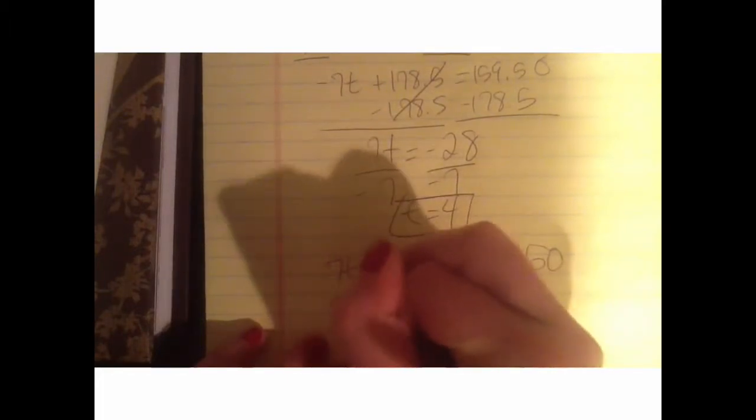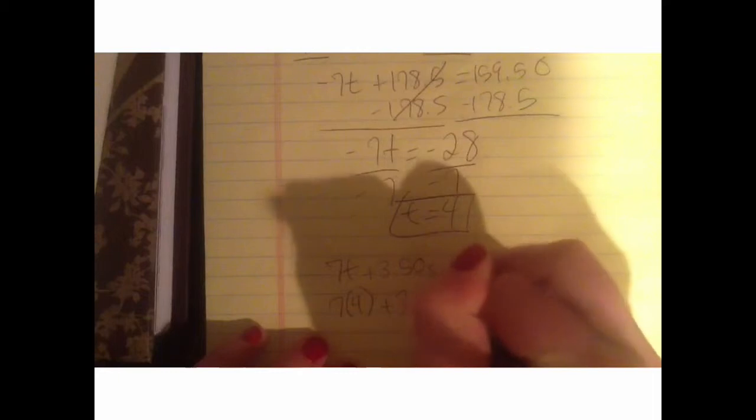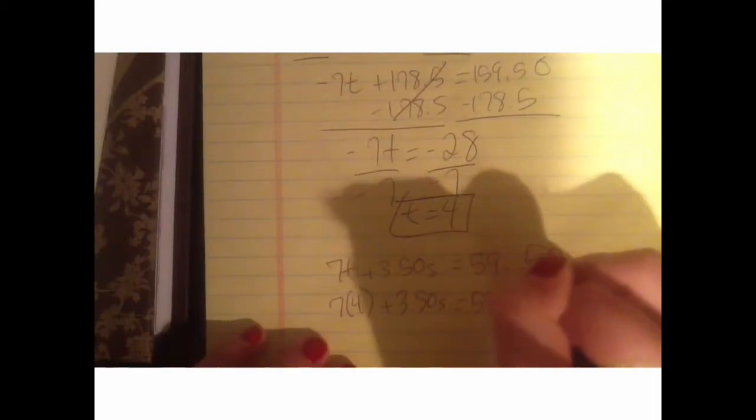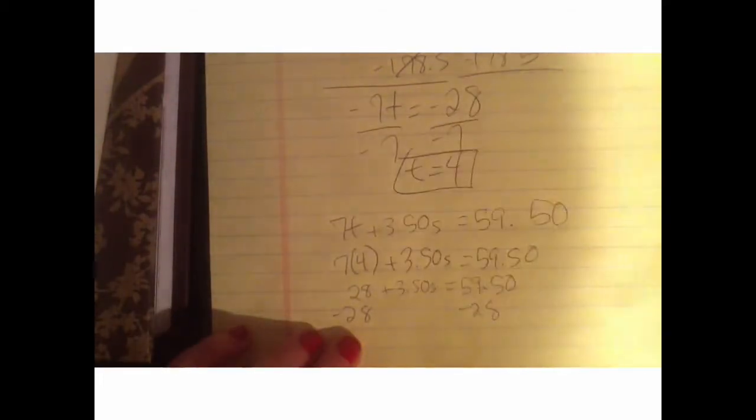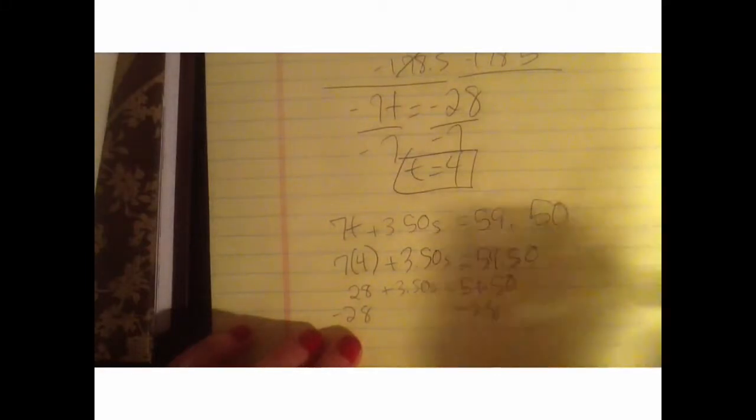Plug 4 in for t. 7 times 4 plus 3.50s equals 59.50. 7 times 4 is 28, plus 3.50s equals 59.5. I'm going to subtract 28 from both sides. That cancels out. I'm left with 3.50s equals 31.5.